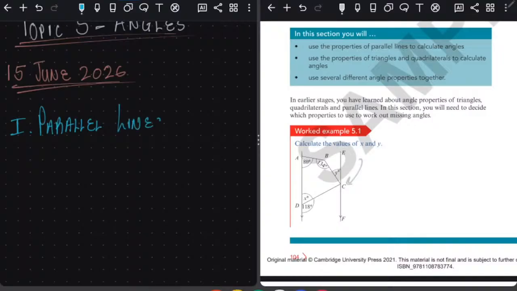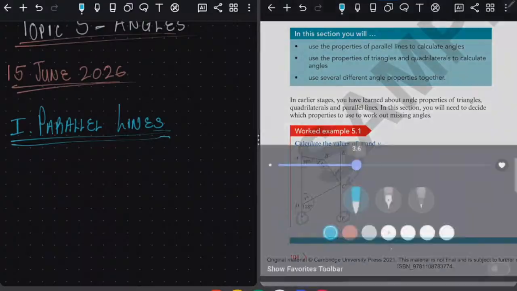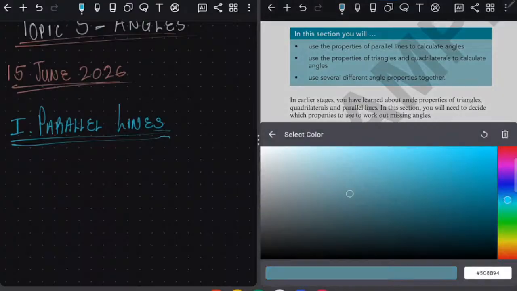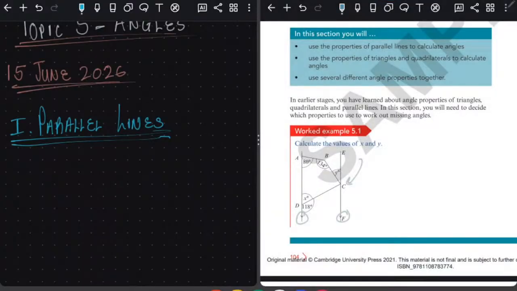Okay? If you see lines like these ones that they've given you here, guys, if you see lines like this, which means they have an arrow.